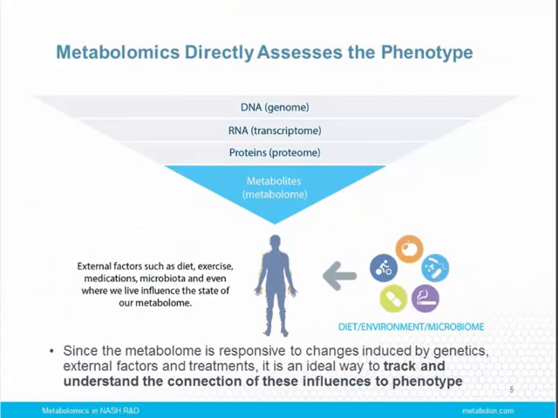So the metabolic signature is developed not just from internal cues such as DNA, RNA, and proteins, but also external factors, including diet, environment, and even the microbiome. And so since the metabolome is responsive to these internal and external cues, we find it's the ideal way to track and understand the connection of these influences to the phenotype.